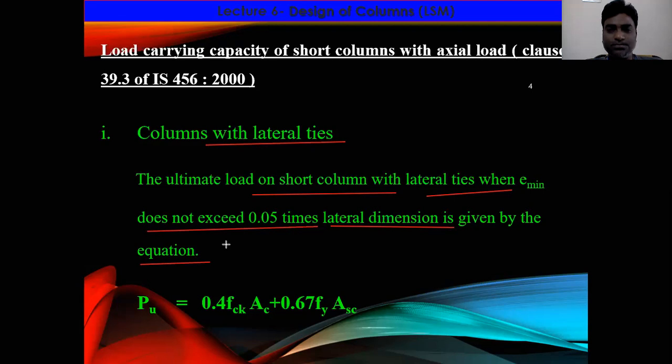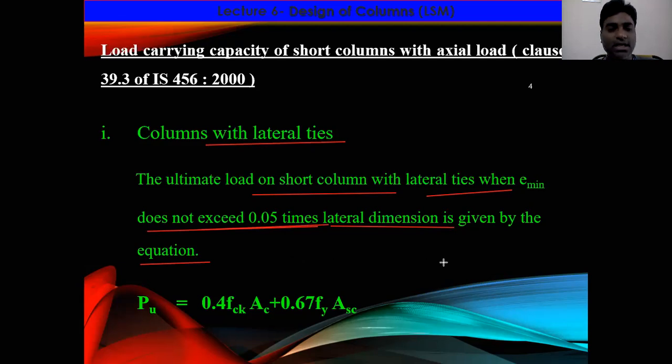As per the codal provision, IS 456-2000 allows a minimum eccentricity, and that should be calculated as per IS 456-2000 clause number 25.4. From that, you calculate e minimum, and that e minimum should not exceed 0.05 times the lateral dimension.